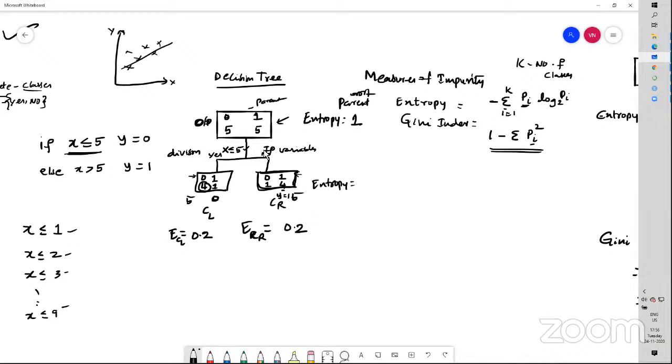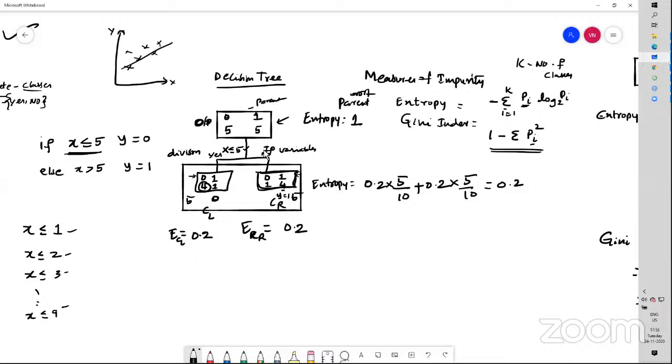Now what is the entropy for this entire split? We do a weighted average of these two. 0.2 into how many observations are there in the left hand child, 5 divided by 10, plus 0.2 into how many observations are there in the right hand side, again 5 divided by 10, which is going to be 0.2.